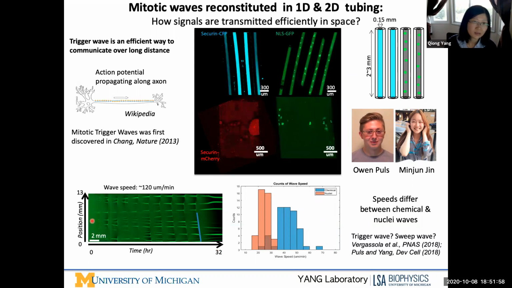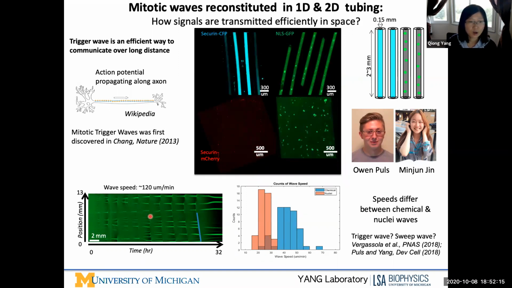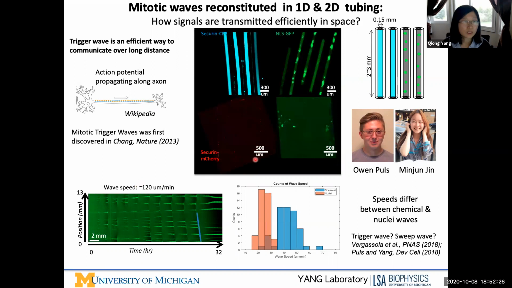The y-axis is the cross-tube length in one dimension. What you see is that these nuclei seem to randomly enter into mitosis at the beginning, likely due to stochasticity. But eventually one clock or nucleus seems to dominate, and that drives this wave that you can clearly see. It's a linear wave, and we can calculate the wave speed, which is about 120 microns per minute.